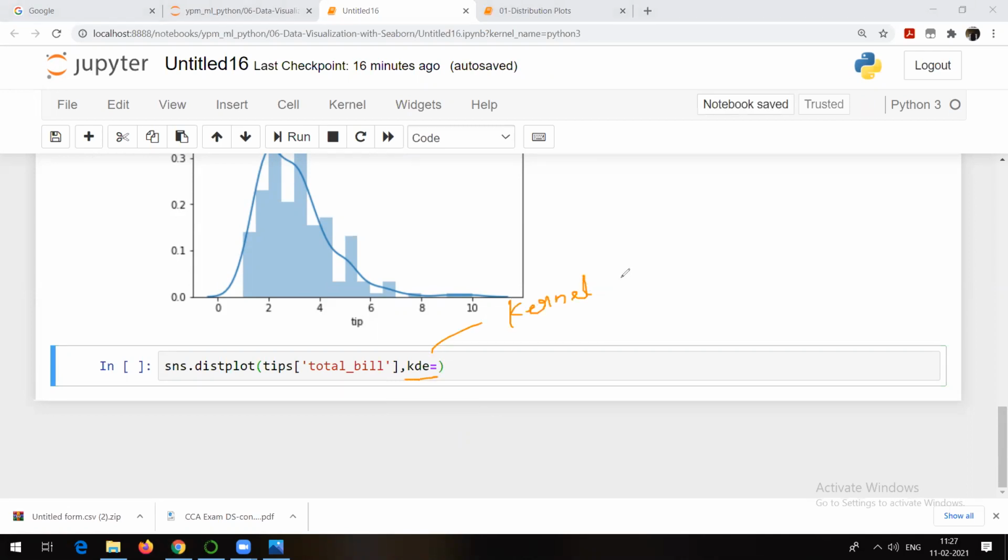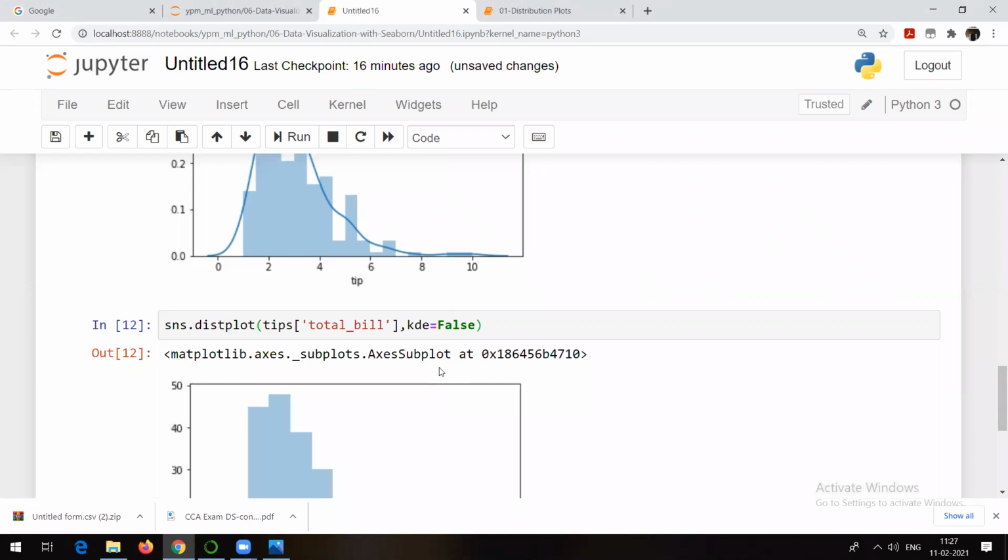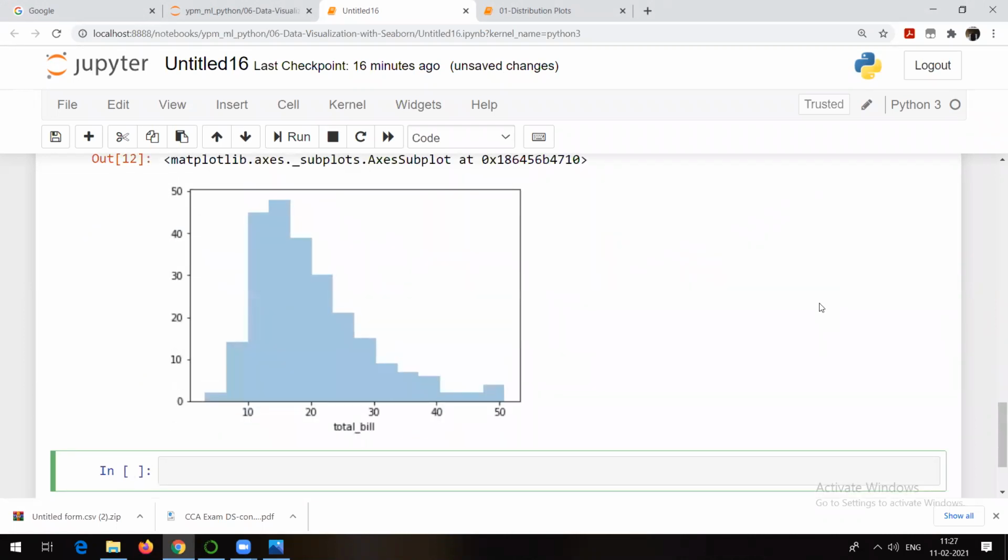We'll be talking about it in algorithms. So if I do not want this type of curve, I can make use of kde=False. Just set kde equal to False, and now you will see this type of distribution.